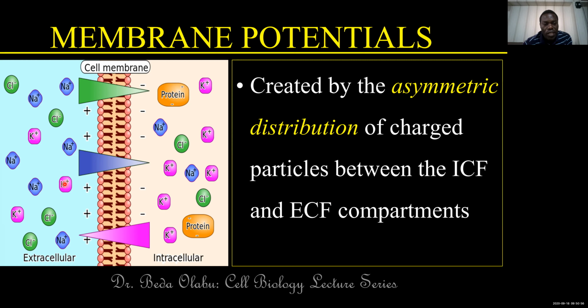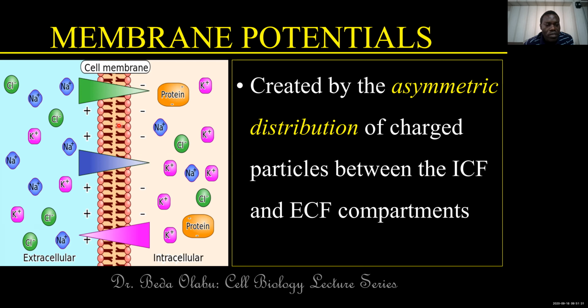We have also seen that sodium is a positively charged ion, but it is more outside the cell than inside. We've noted also that chloride is a negatively charged ion, and it is more outside the cell than inside. Likewise, we've mentioned that proteins are negatively charged, and they are more inside than outside.